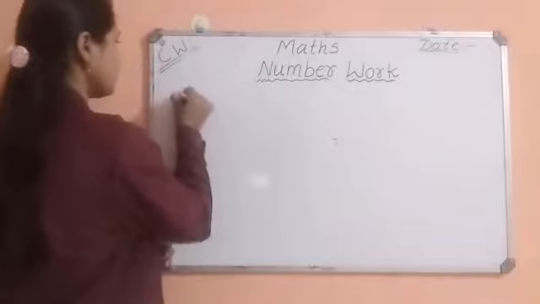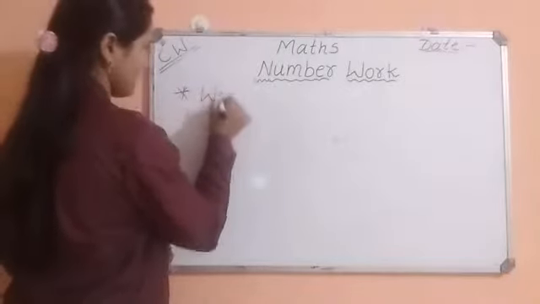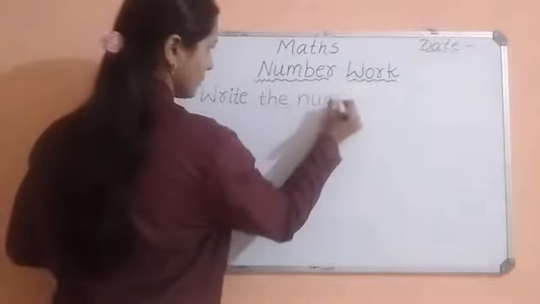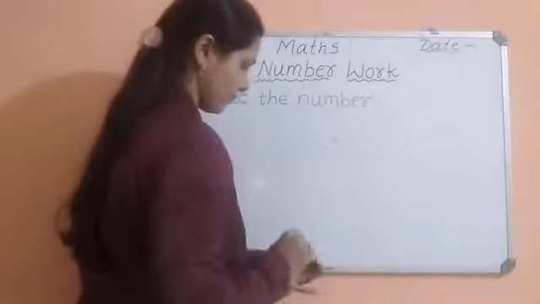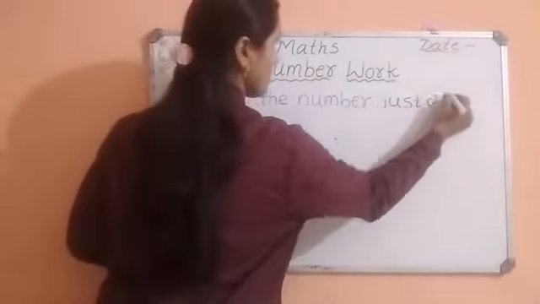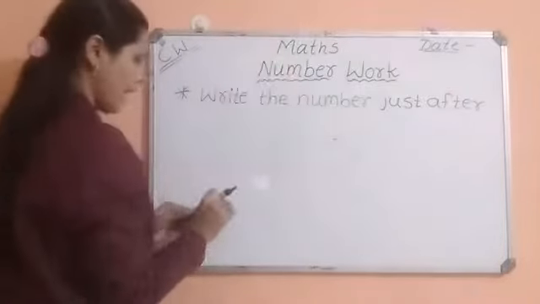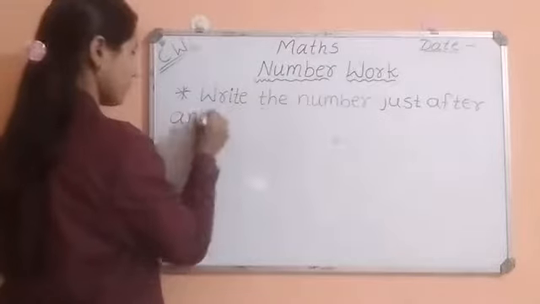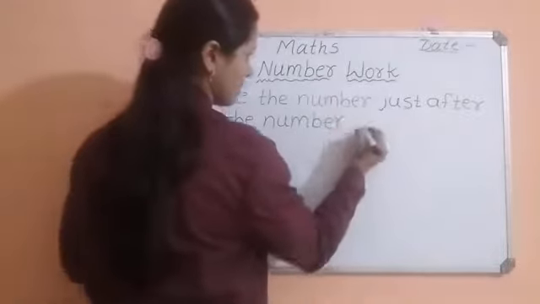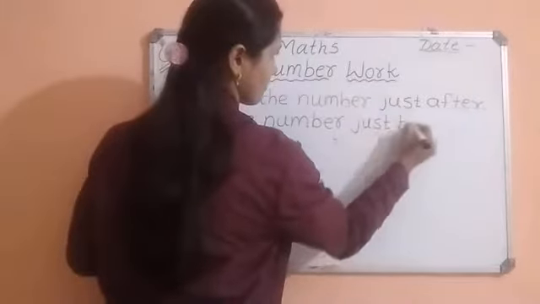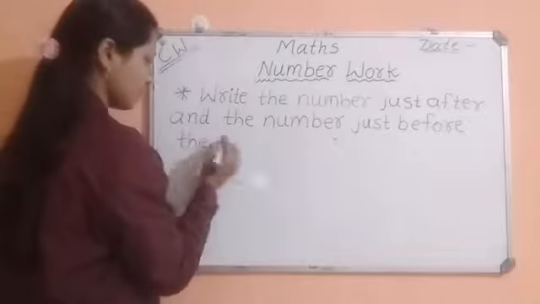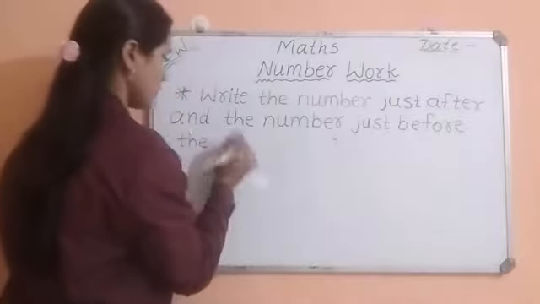Firstly, write down the number just after, the number just before, and the given number.